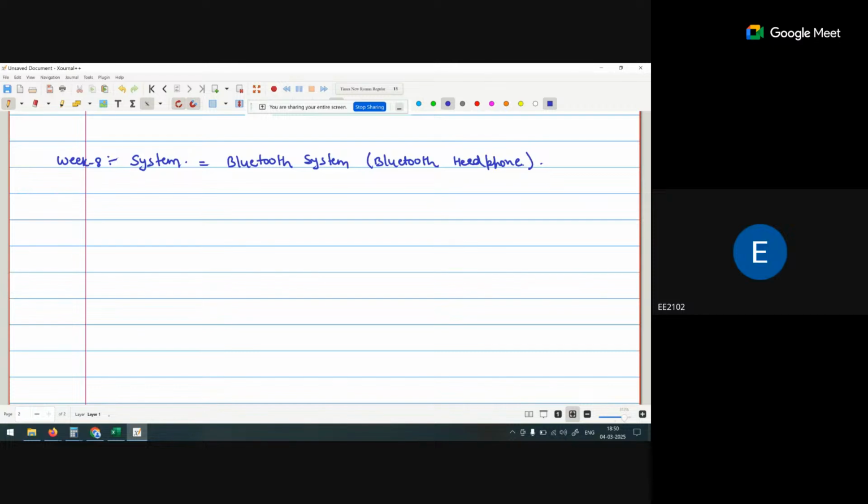Now every system is nothing but a combination of multiple subsystems. So if we are talking about the Bluetooth system, there are multiple subsystems. The professor discussed that there are 6 different subsystems available in a Bluetooth system.